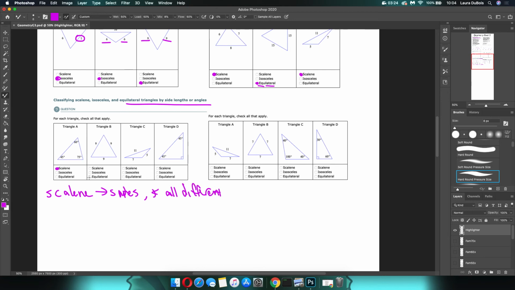Okay? Equilateral means that you have all the same sides, but it's worth mentioning, isosceles also means that you have two sides, and you will also have two angles that are congruent. Again, equal with a squiggle means congruent. Okay, let's see here.